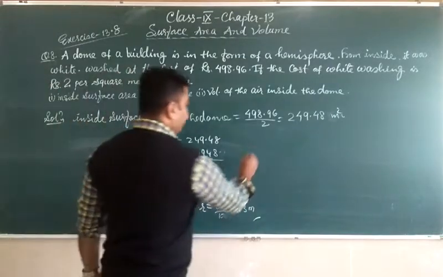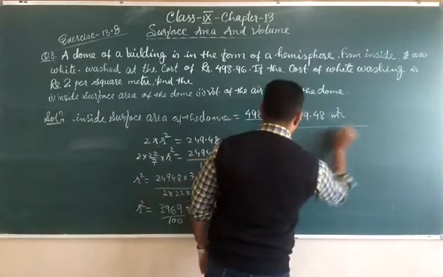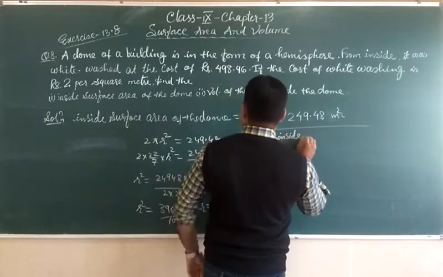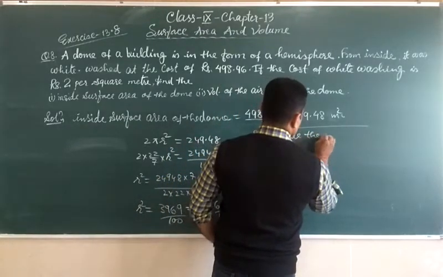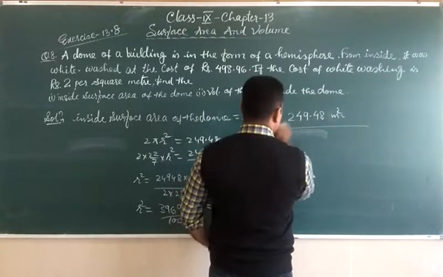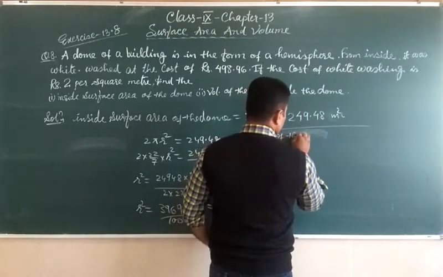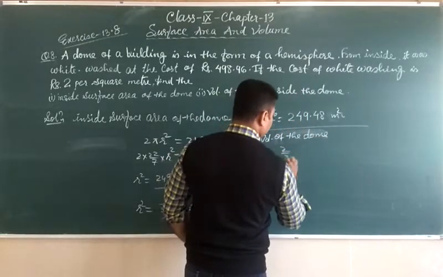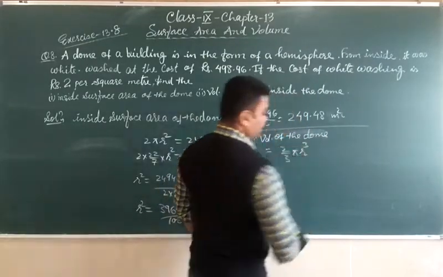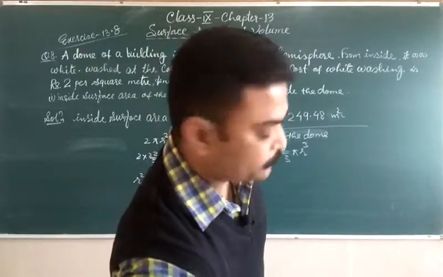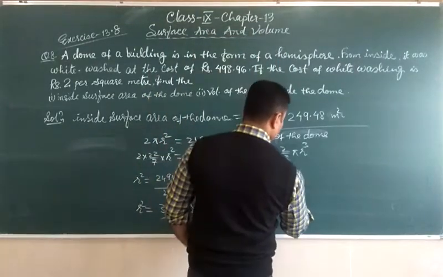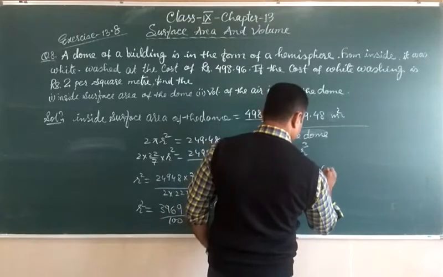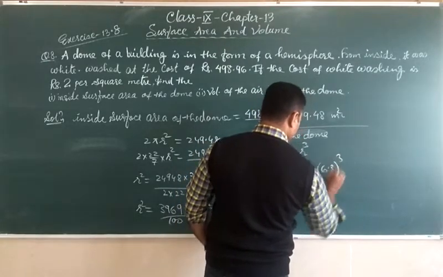Now we will find the volume inside the dome. Volume of the dome is equal to 2 upon 3 pi r cube, that is 2 upon 3 into 22 upon 7 into 6.3 whole cube.